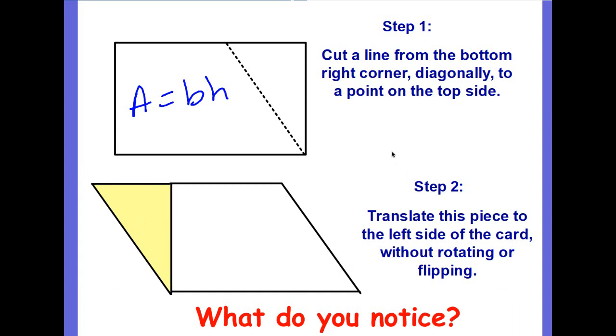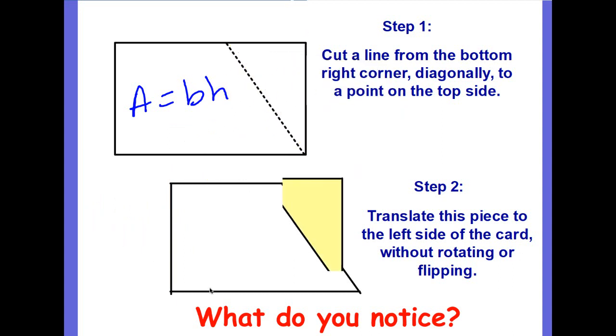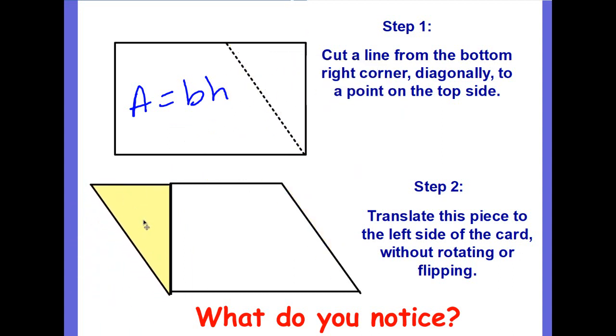It becomes a parallelogram, right? So my question is, did we change the area at all? Did we cut some extra off and throw it away, or did we add extra area when we moved it over here? No, because we just took that piece, cut it off, and moved it. So we didn't change the area at all.